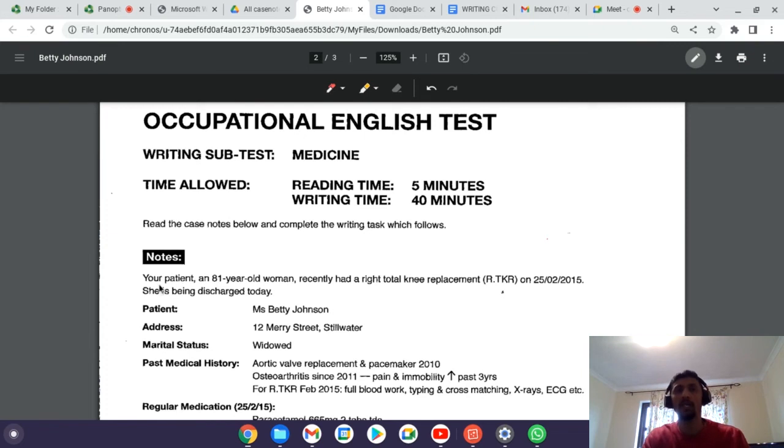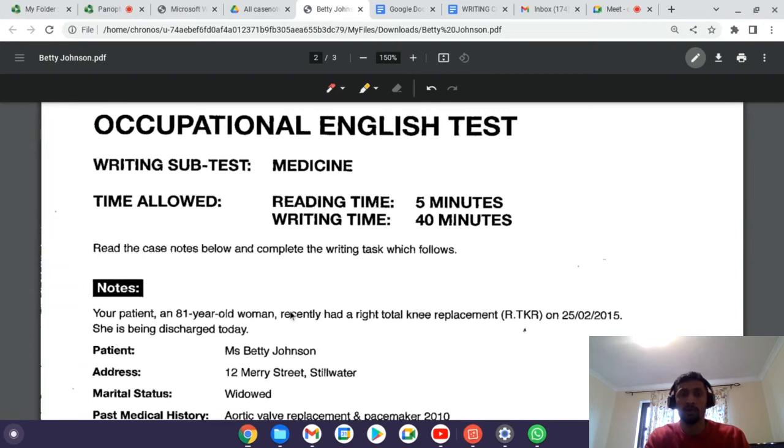In the actual Occupational English Test case notes, even if it is medicine, nursing or any other profession, there will be a single line like this that introduces who you are and who your patient is. That is the first line. Usually it will be there. So you can read that. Do you want me to zoom in a little bit?